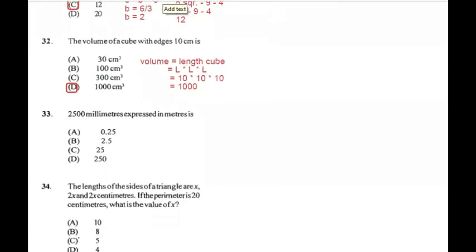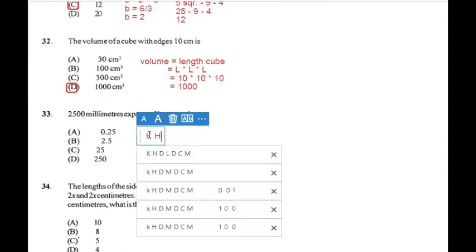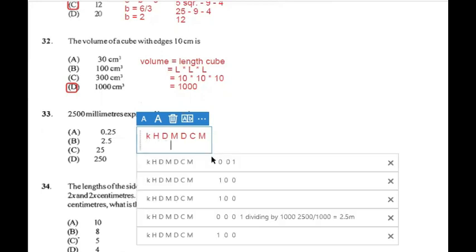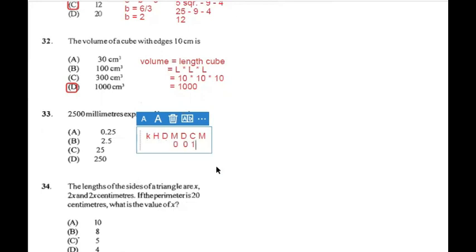So next question, 2,500 millimeters expressed in meters is, if you remember the mnemonic before, the kick him down man, don't commit murder. And in this case, we're moving from millimeters to meter.